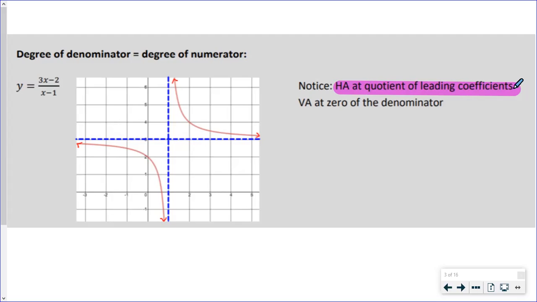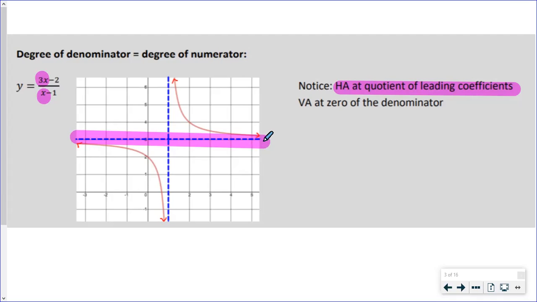In this example, we have a 3x in the numerator and an x to the power of 1 in the denominator, so the degrees are the same. So what we are going to do is look at the leading coefficients: positive 3 divided by positive 1. Well, 3 divided by 1 gives me y equal to 3, and y equal to 3 gives me a horizontal line at y equal to 3. So that is the equation of our horizontal asymptote.